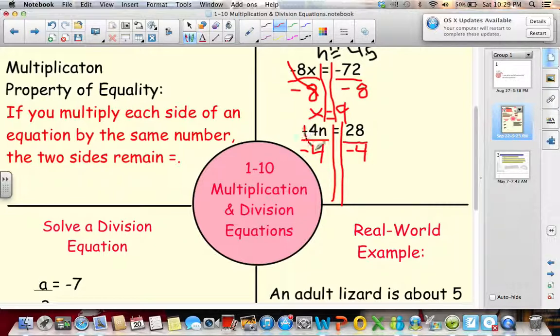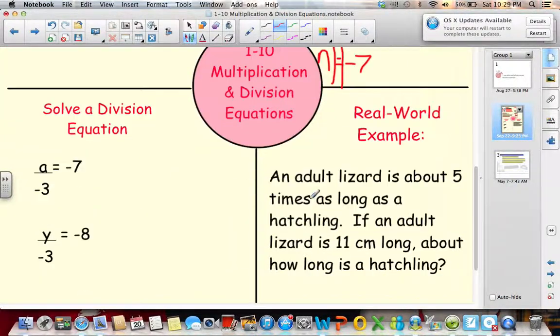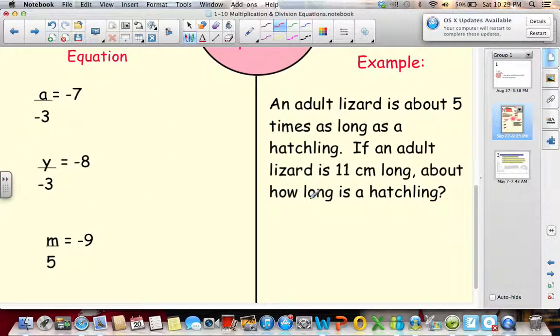Negative 4 divided by negative 4 is 1. So we have n equals 28 divided by negative 4 is negative 7. 28 divided by 4 is 7. A positive divided by a negative is negative.